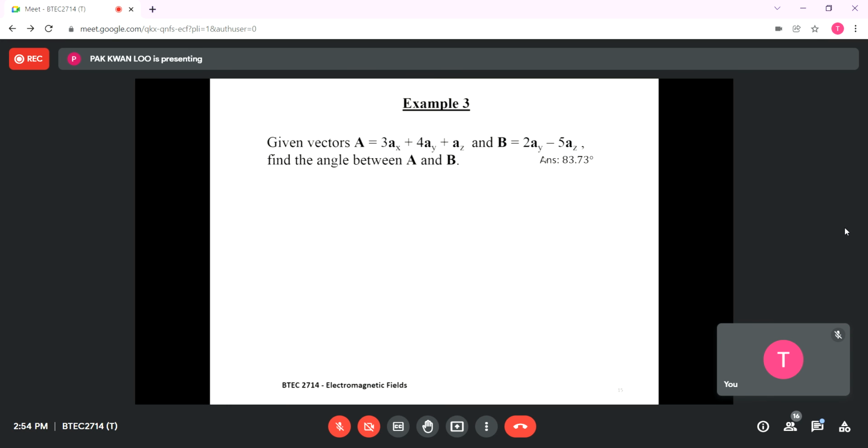As I mentioned, they are just different representations. In later examples in the lecture, my solution will always be based on x cap, y cap, and z cap.